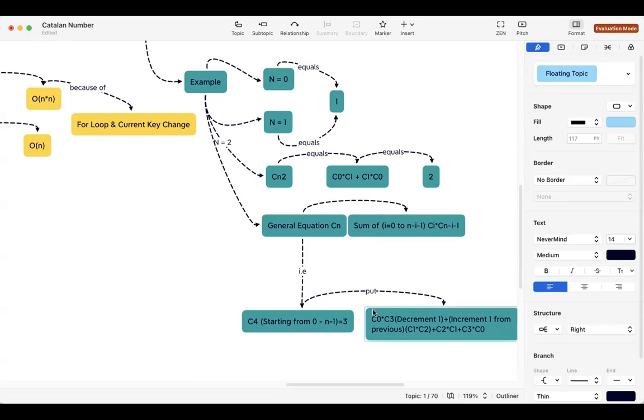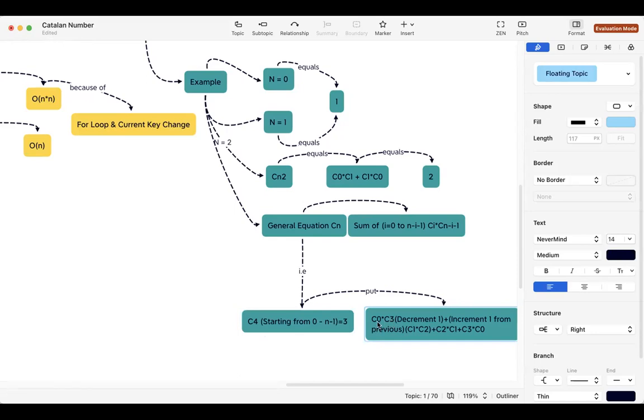So how we are doing it is, okay, if you have to find C4, for example, you just write the first term. It always starts from 0, so you write C0 and C(n minus i minus 1), which is C3. If it's 4, then you decrement by 1. First it starts with C0, Catalan number 0, and multiply it by Catalan number 3.